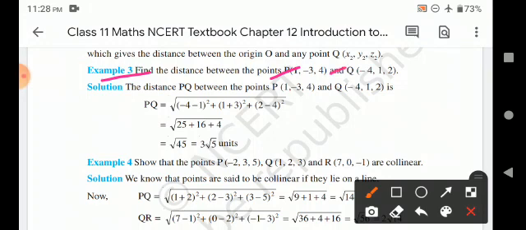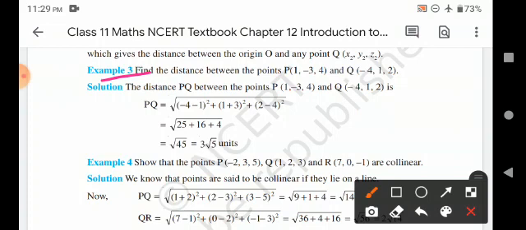The distance between the points P and Q is given by the formula PQ is equal to square root of (x2 minus x1) the whole square plus (y2 minus y1) the whole square plus (z2 minus z1) the whole square. In this case, P coordinates are x1, y1 and z1. Q coordinates are x2, y2 and z2. Therefore, their distance will be given by the formula.